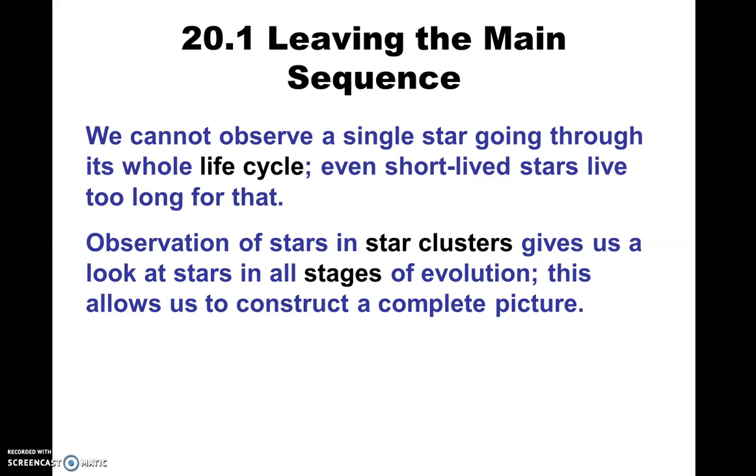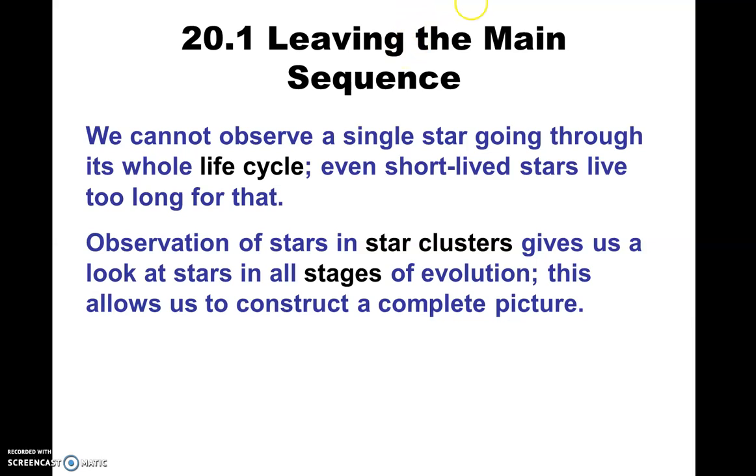Keep in mind the universe itself is 13.8 billion years old. So there are stars that are not even anywhere near it. There hasn't been enough time in the age of the universe for those low mass stars to reach stage 8, as we're going to see. Right, so how do we do this?